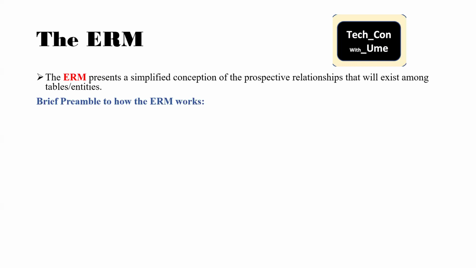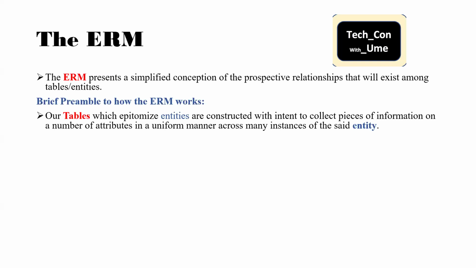Now, let's have a brief preamble to how the entity relationship models work. With entity relationship models, we need to note that our tables which epitomize entities are constructed with intent to collect pieces of information on a number of attributes in a uniform manner across many instances of the said entity.